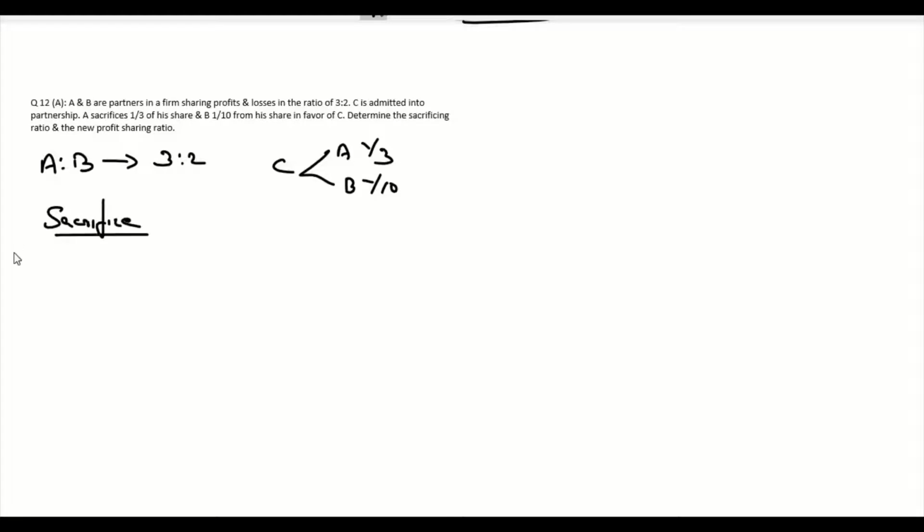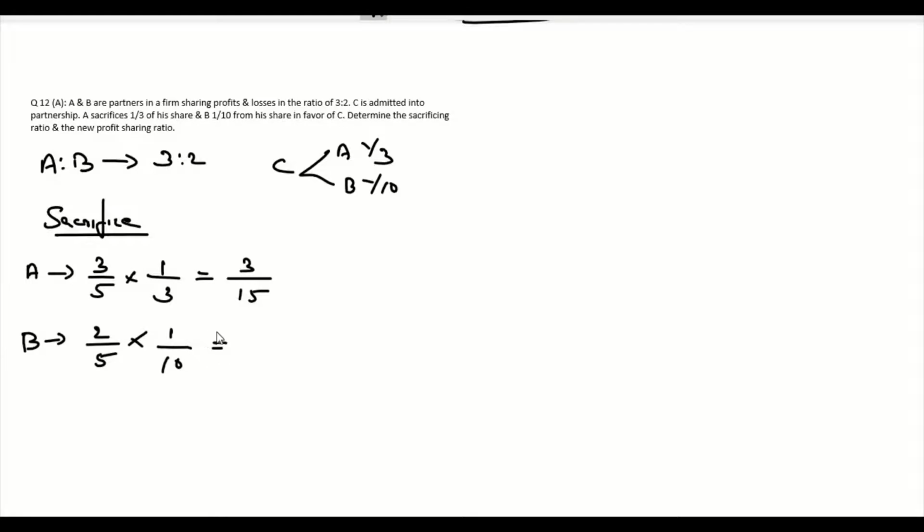So let's find the sacrifice ratio. For A, his original share is 3/5, multiplied by his sacrifice, which is 1/3. That is equal to 3/15. Okay. Now for B, it is 2/5, his original share, multiplied by his sacrifice, 1/10.